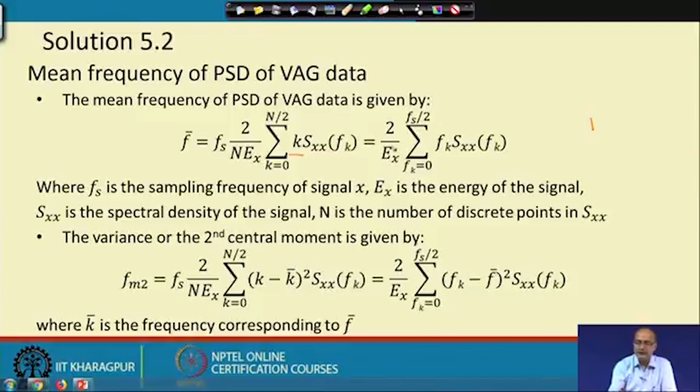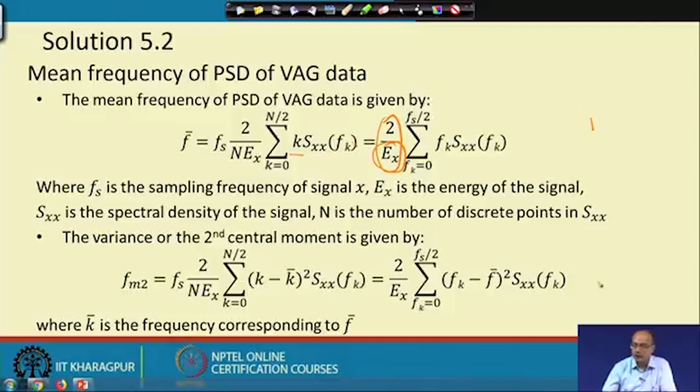We are dividing it by the energy, total energy, or if we compute these, that is half of the energy. As the spectrum is symmetric, half of the energy is in the one half.